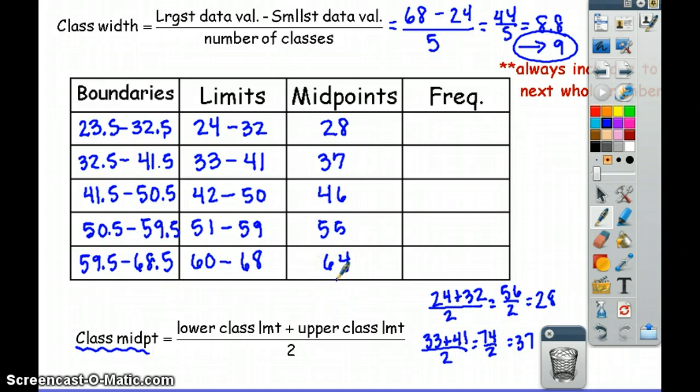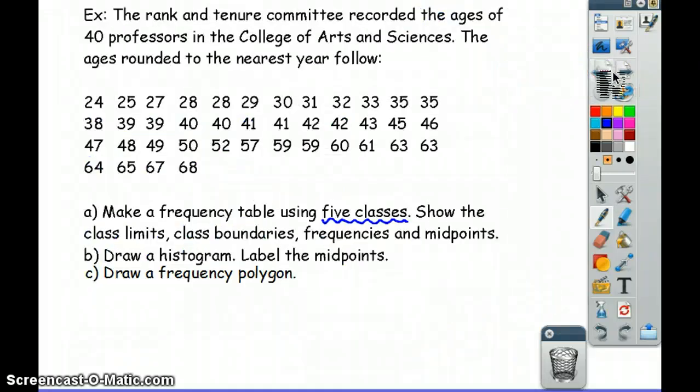The frequency is how many data points fit within our limits or our boundaries. So I want to know, of all the professors, how many have an age between 24 and 32. I'm going to go back and count. 1, 2, 3, 4, 5, 6, 7, 8, 9 professors.